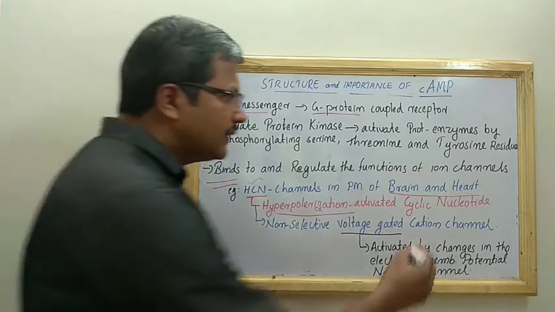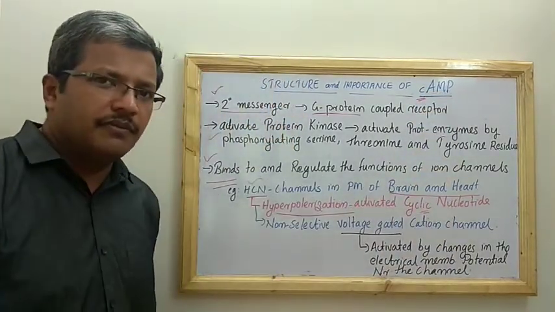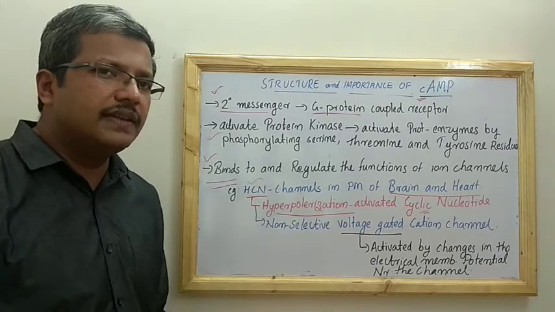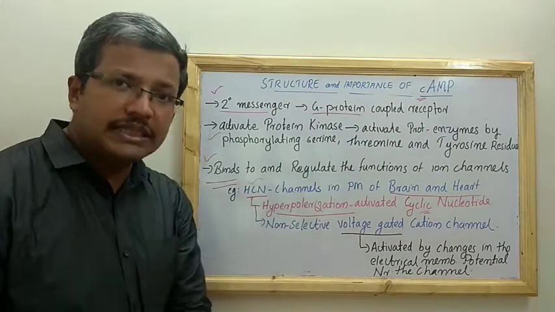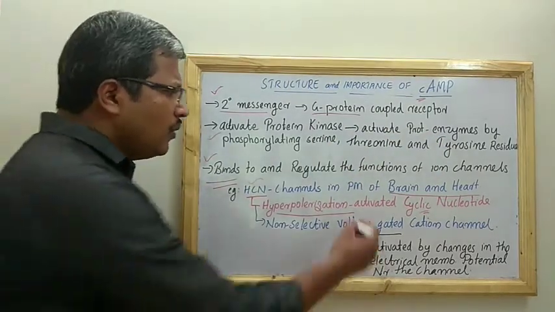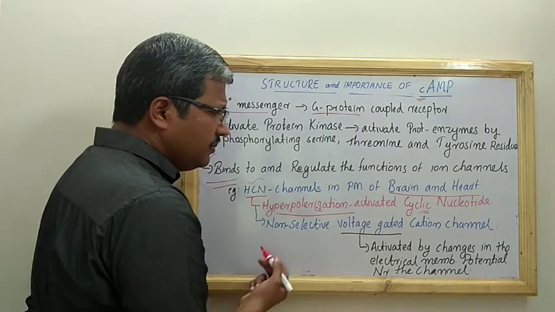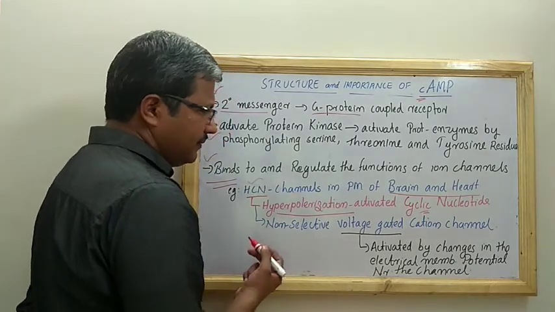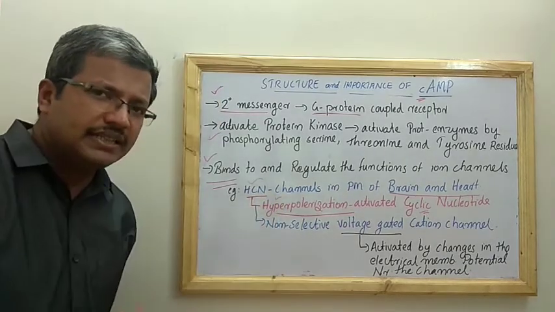You can see cyclic here and cyclic here, cyclic AMP. From the name itself, we can see that it is activated by the cyclic molecules. So cyclic AMP is one of the examples. Okay. Now, what is actually meant by the HCN channel? How will it be? What exactly is it? This is just a full form, and we should know what exactly the HCN channel is.